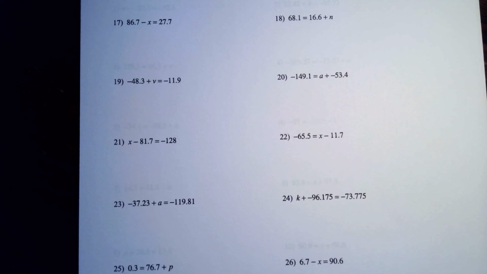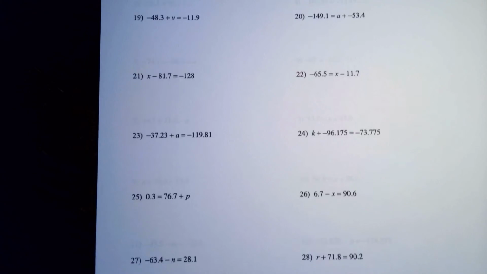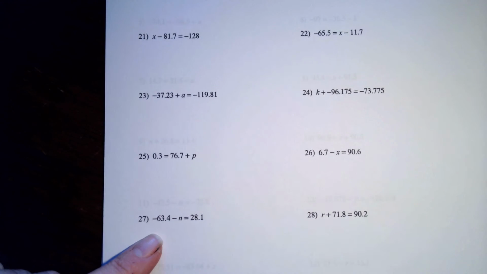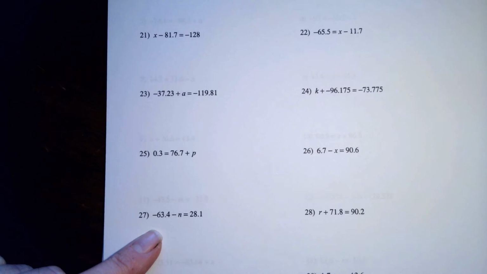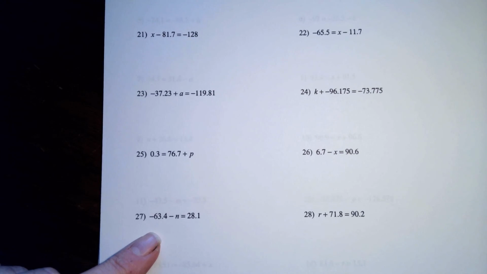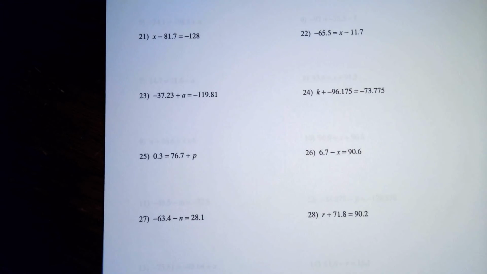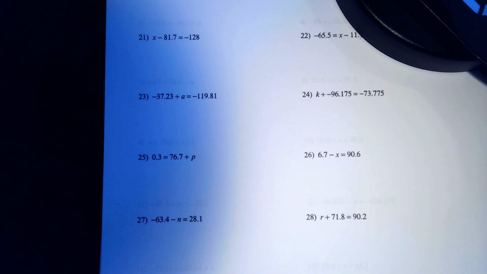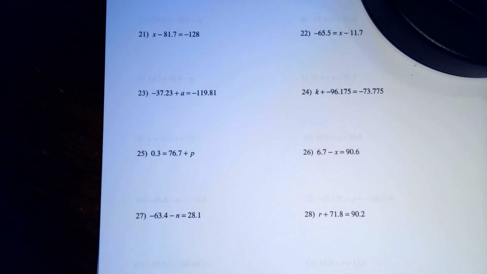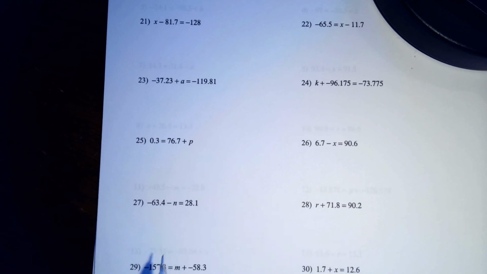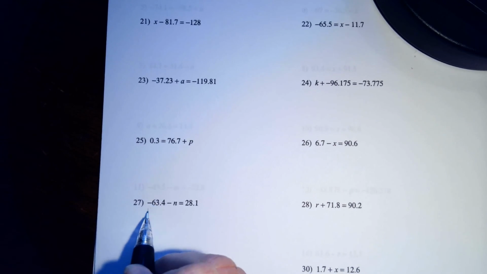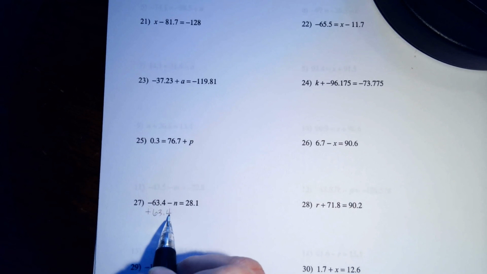Here is one with decimals. We have they're subtracting a little bit more light on here. Shadow. There we go. Okay, so they're subtracting 63.4, so you add 63.4.